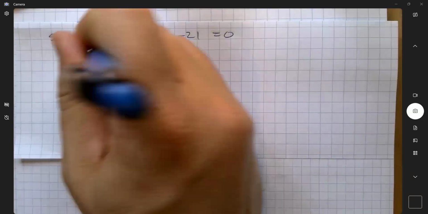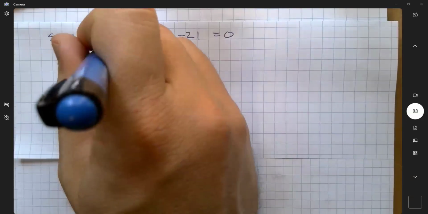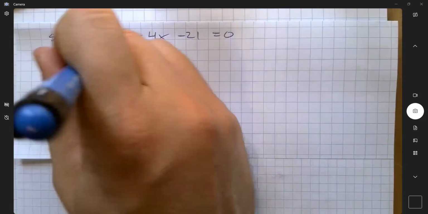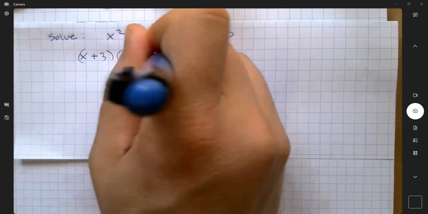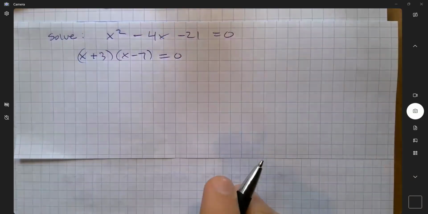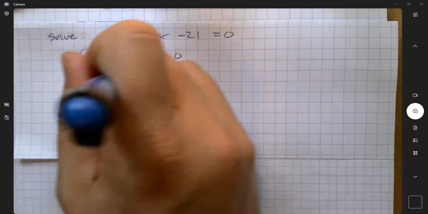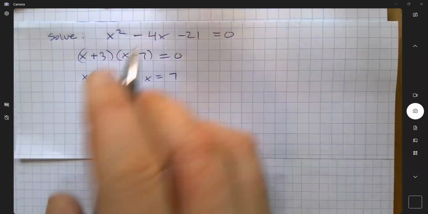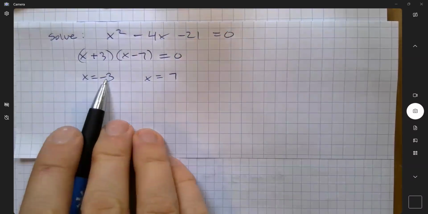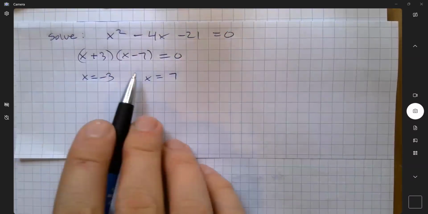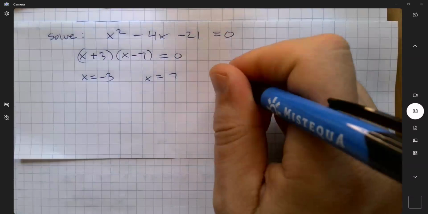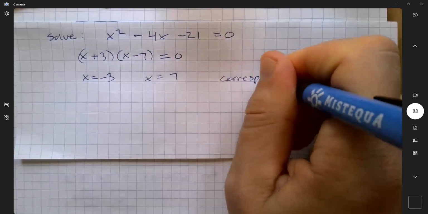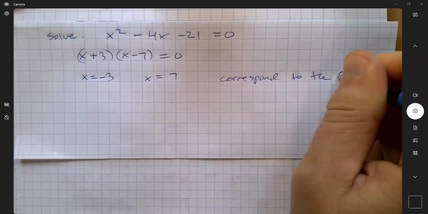And when I factor, I'm going to get x plus 3 times x minus 7. And that should equal 0. So if x equals -3 and if x equals 7, if -3 goes in, I'm going to end up with 0. And if 7 goes in, all right, so these correspond to the factors.